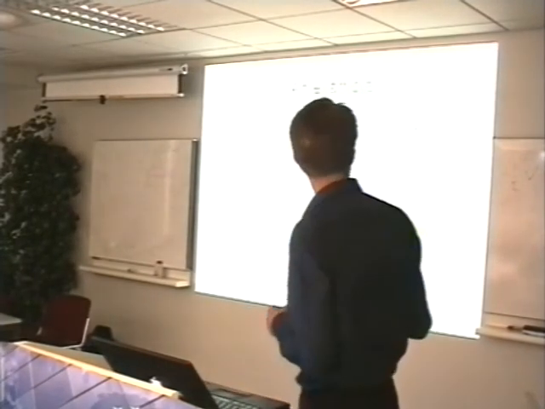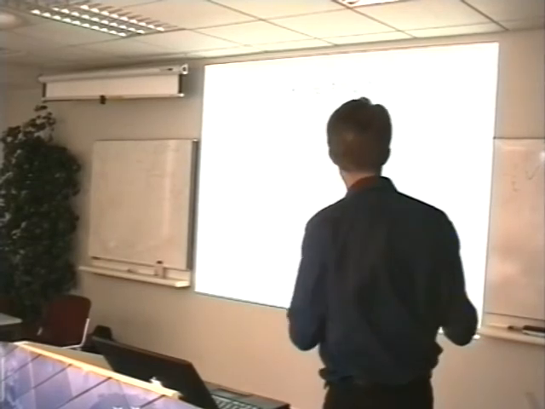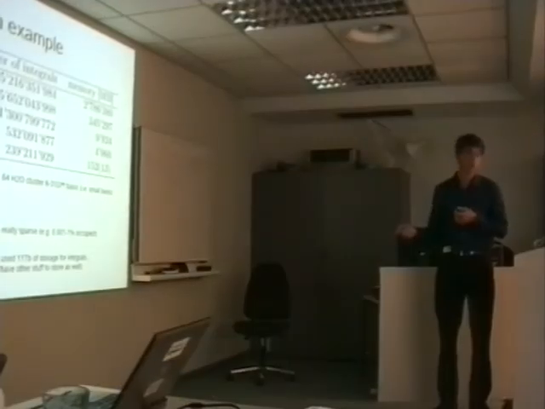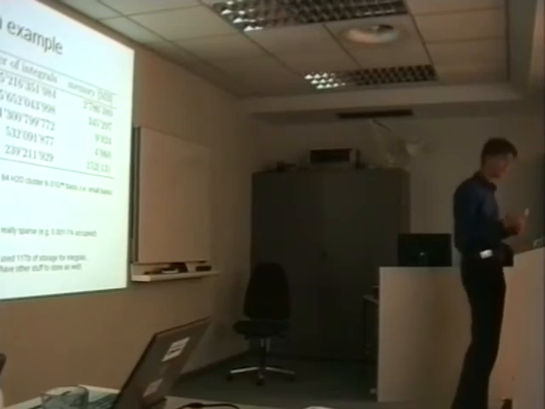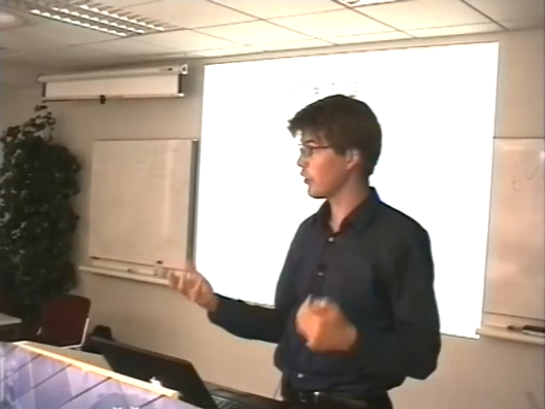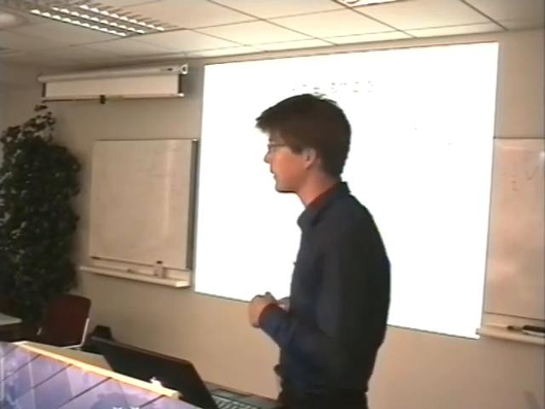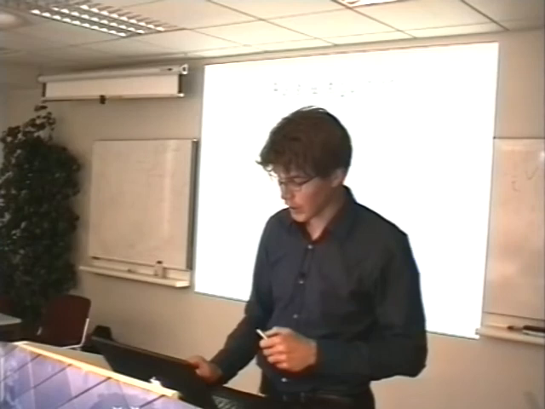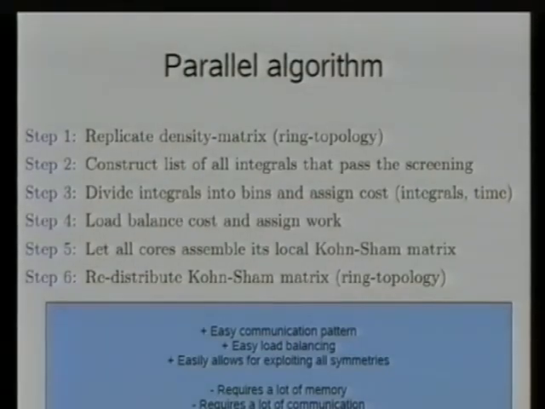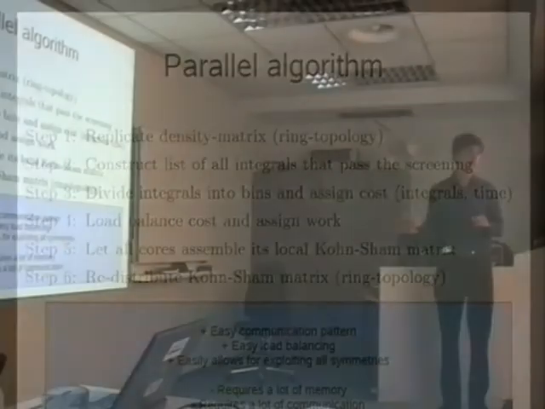Contrary to the other matrix I mentioned before, this matrix M is really sparse, so we can get to something like 0.001% occupation. But nevertheless, even that non-zero part can be huge. There can be 11 terabytes of storage for one of the calculations we did. Now, the parallel algorithm, how did we implement this matrix vector product?